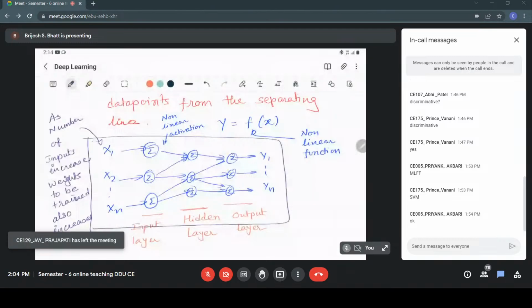This is also the problem with support vector machine, because in support vector machine also, as the size of input grows, the machine takes a lot of time to be trained. So this is a common problem with feed-forward neural network and support vector machine both.